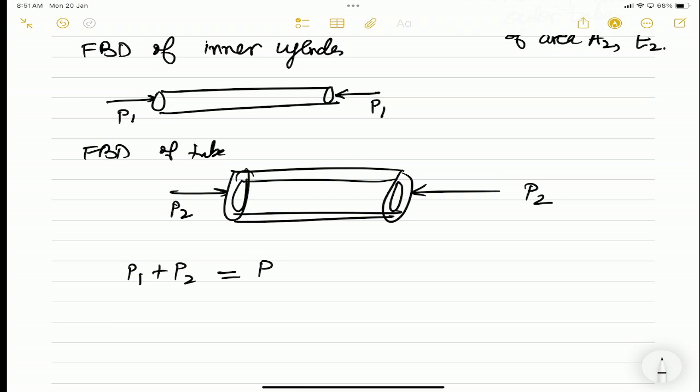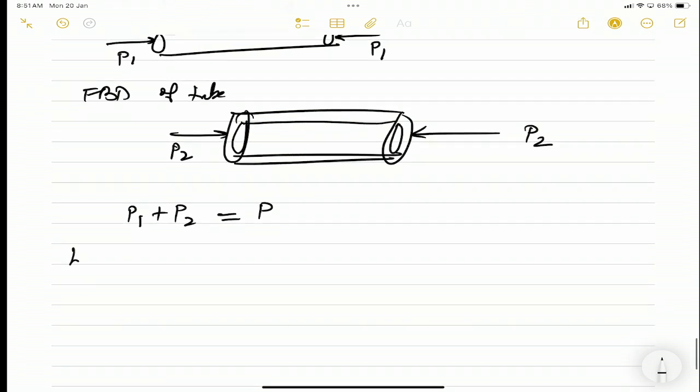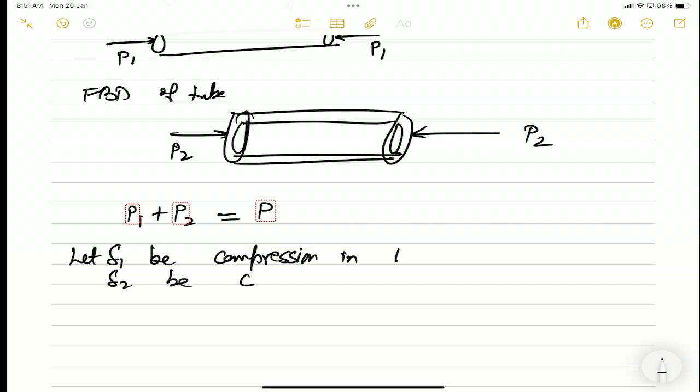Now, because this is a compressive force, so basically this whole structure is going to decrease in length slightly. Now, let delta 1 be the compression in 1 and delta 2 be the compression in 2.